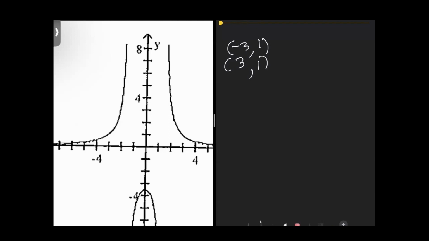Let's say -2. At -2, it looks like it's going to 3. And when it's +2, it's also going to 3.